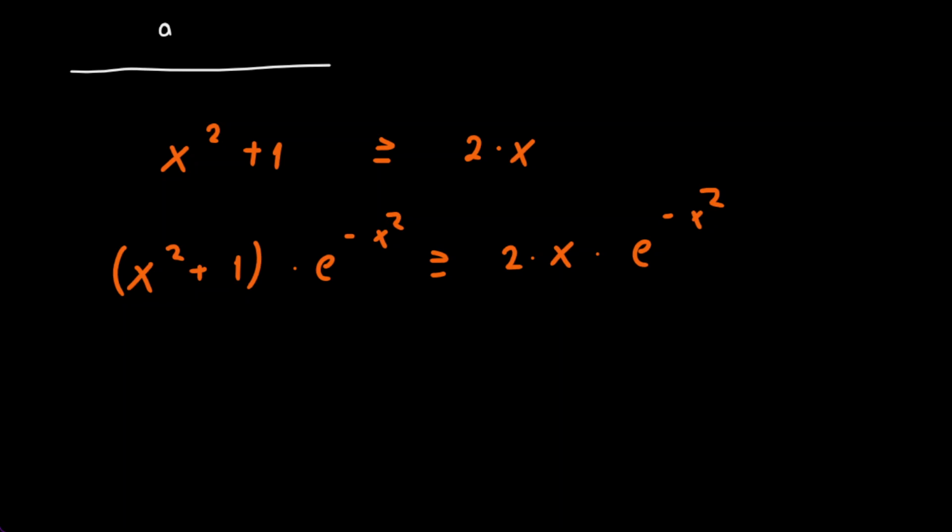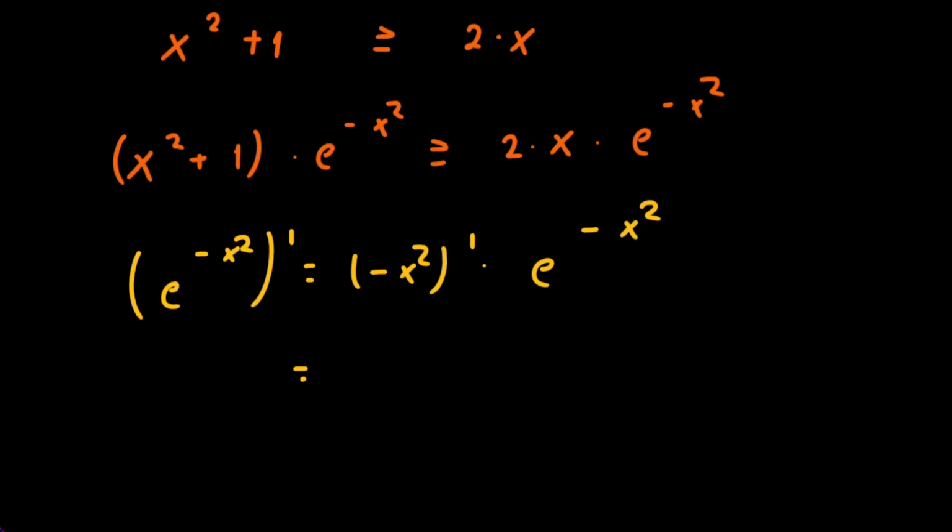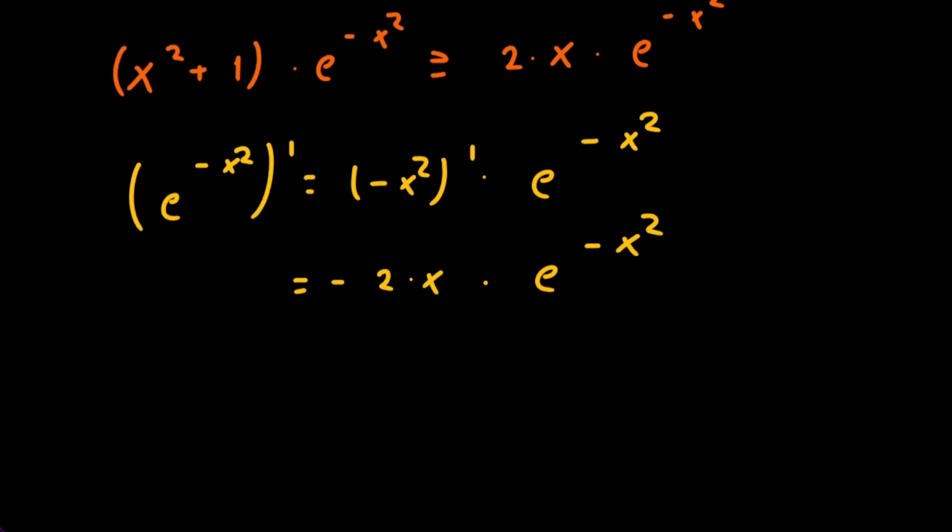Well, it's not so complicated, because look, when we take the derivative of e to the power minus x squared, it is minus x squared's derivative times e to the power minus x squared, which is minus 2x times e to the minus x squared. So right now we have a happy moment, because as we see, we achieve our function, well, with this minus sign, but it's not a very big problem. So let's see what's next.